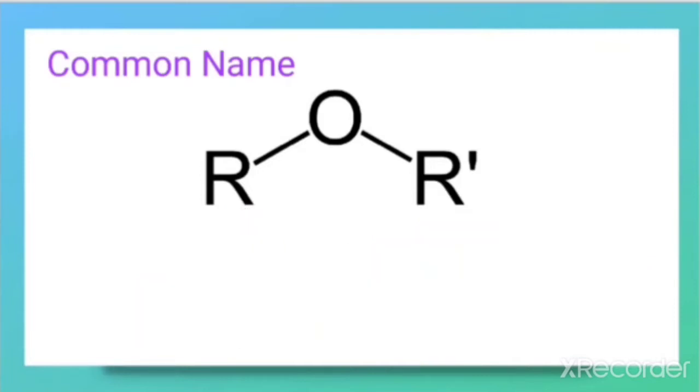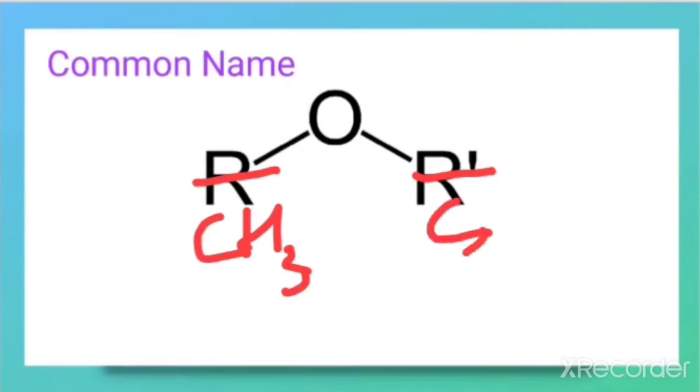Let us take one example. If R is CH3 here and the other alkyl group is C2H5, we can say it is unsymmetrical because both the alkyl groups are different. So how do we name this one? This alkyl group is called methyl and this is called ethyl. Alphabetically which comes first? Ethyl comes first.